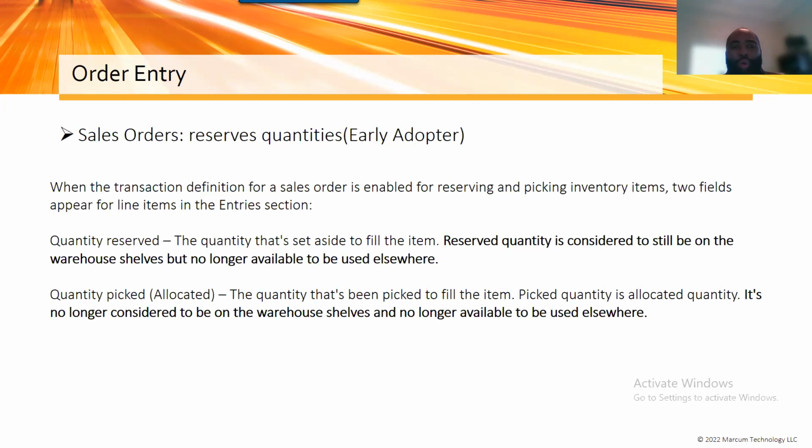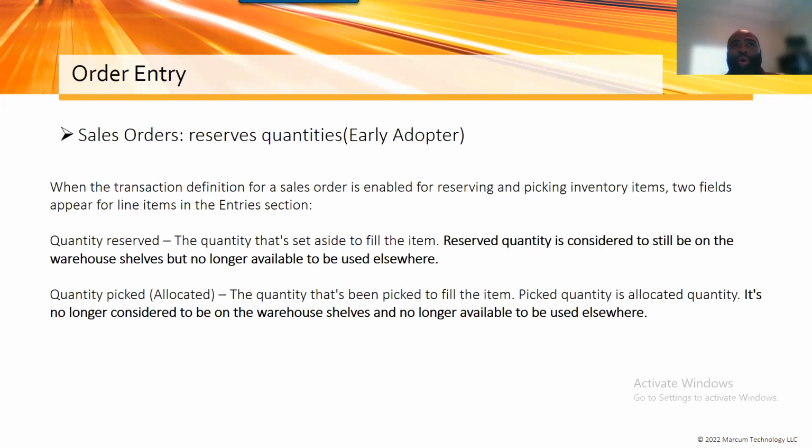The two new fields are quantity reserved and quantity picked. Now if you populate quantity reserved when you're putting a sales order in, that quantity is no longer available for someone else to pull on another sales order. So it basically reserves those inventory items for you, even though they're still technically in the warehouse. No one else can sell those items.